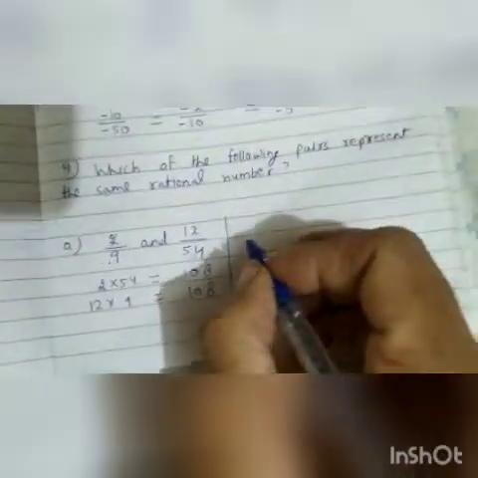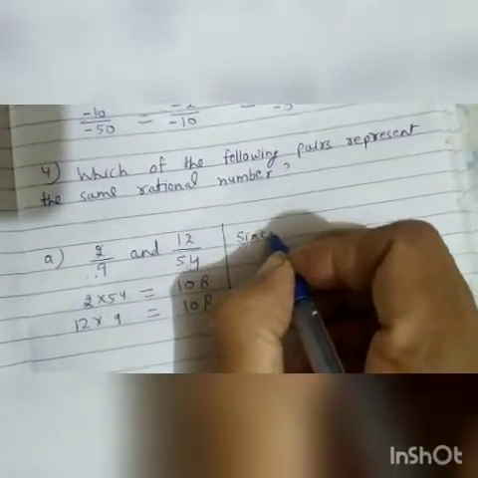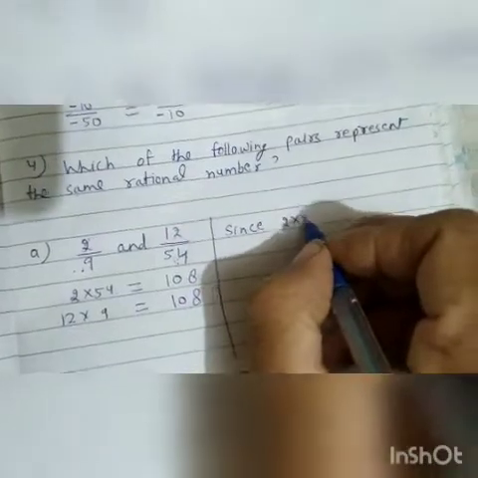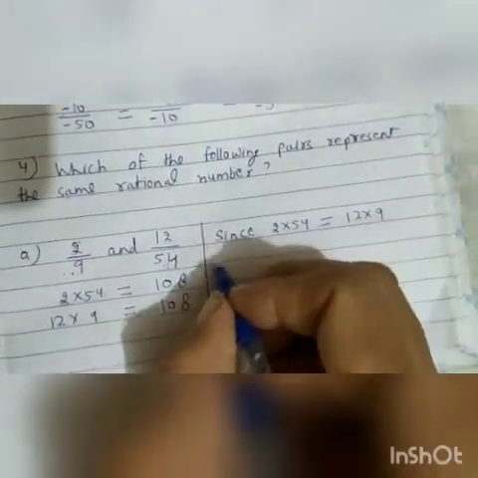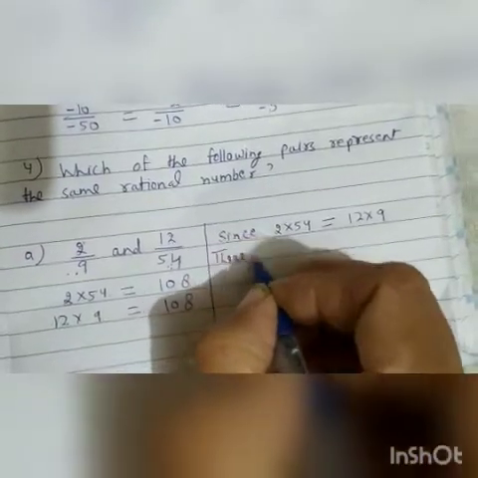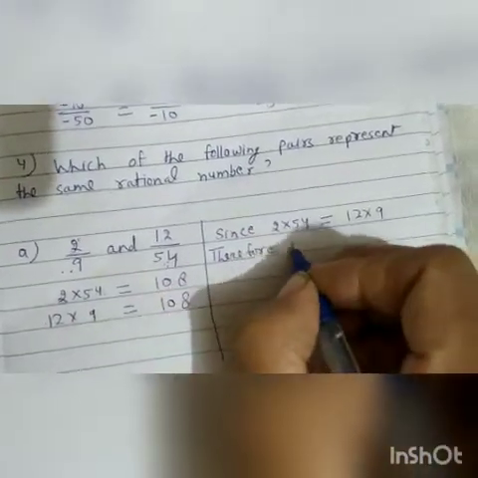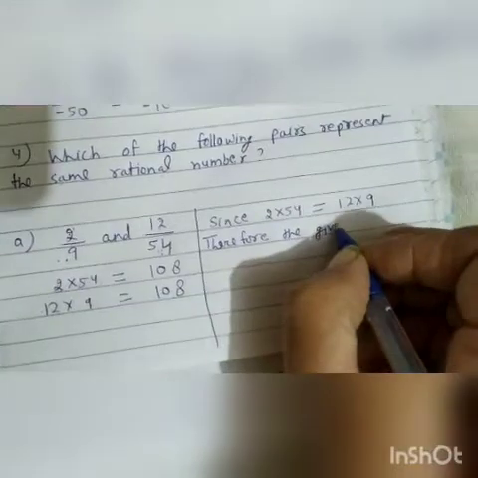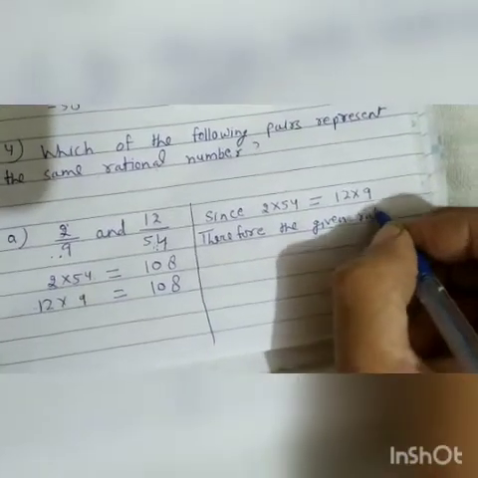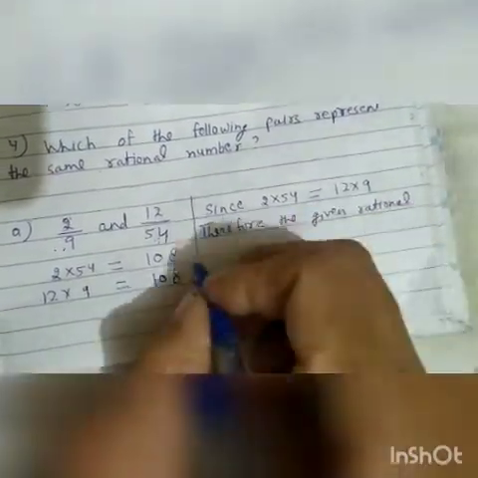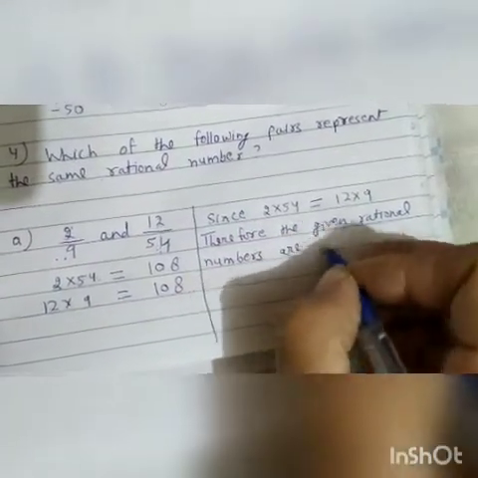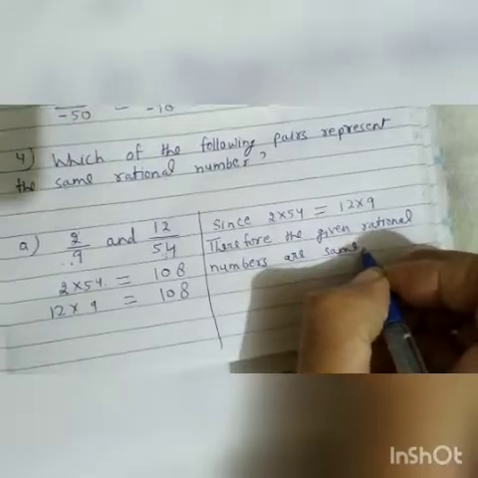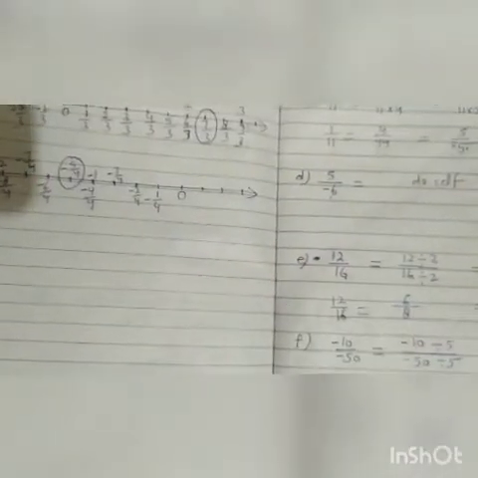We will write here, since 2 multiply 54 is equal 12 multiply 9, therefore the given rational numbers are same. Students, I have explained all these sums in the Zoom class also.